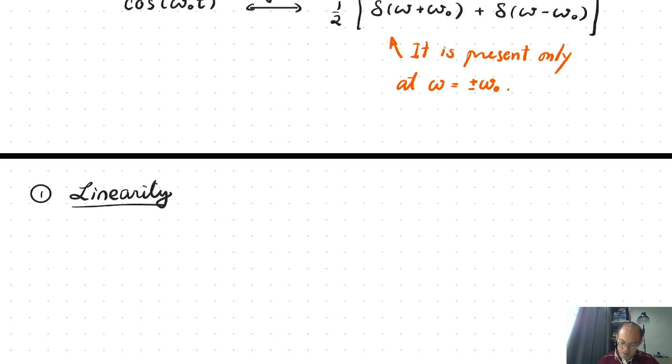The linearity property states that if you multiply a signal by a constant a, added to another signal multiplied by b, then the result of this linear combination has the Fourier transform of the same linear combination of the respective Fourier transforms.